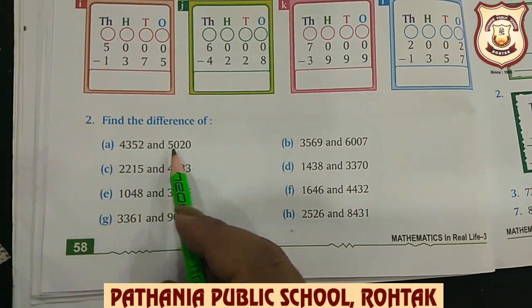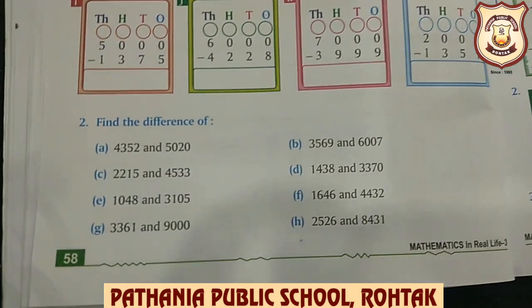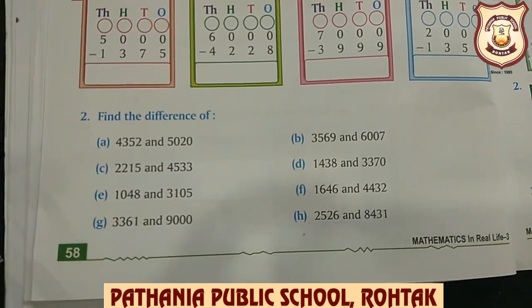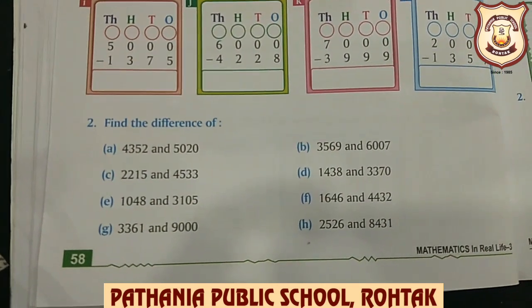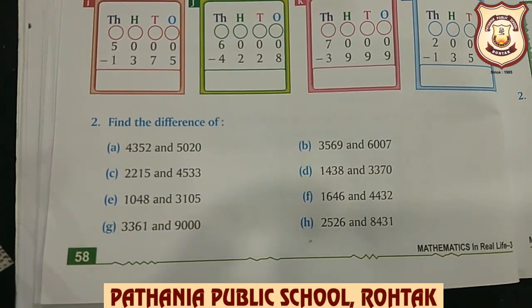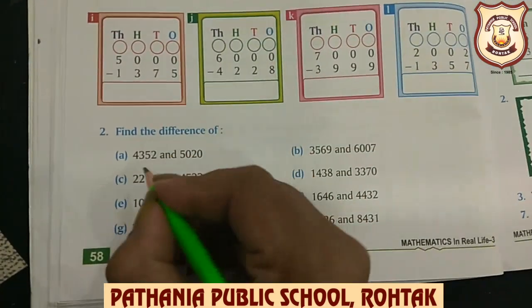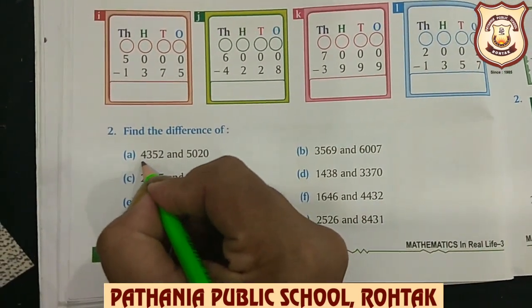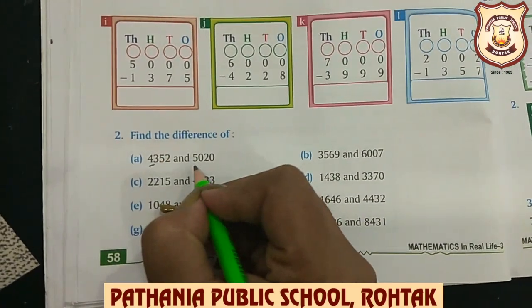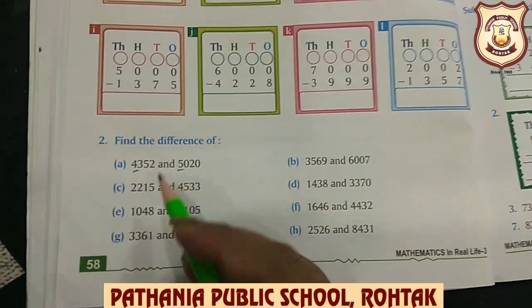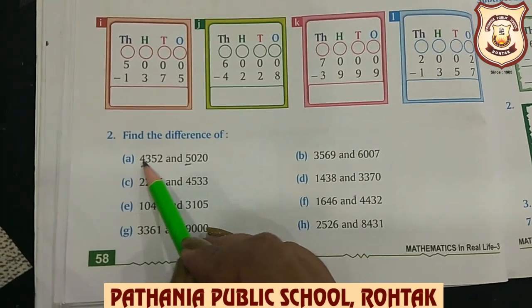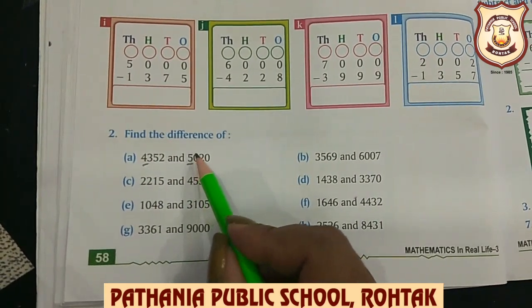4352 and 5020. Here beta, first of all we need to identify which number is greater. And how do we identify which number is greater? Right, comparing from the left hand side. Now see, if we start comparing these two numbers from the left hand side, here the first digit is 4 and here the first digit is 5.